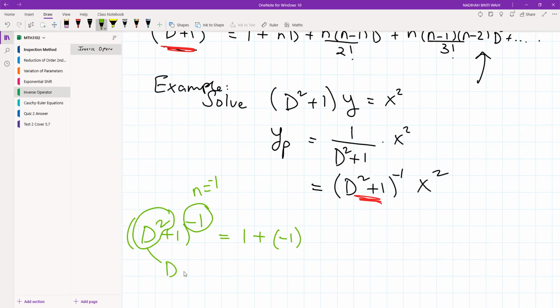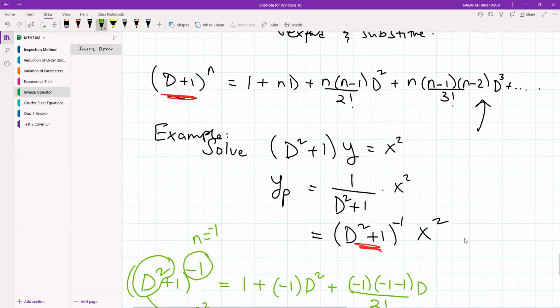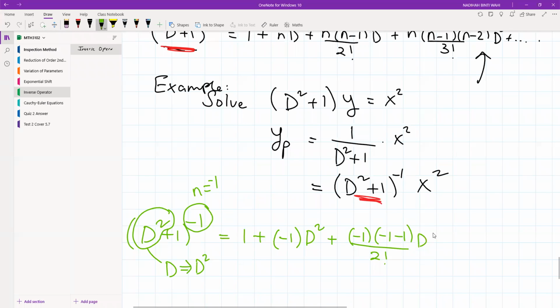And then D is equivalent to D squared. So minus 1 darab dengan D kuasa 2 tambah dengan minus 1 minus 1 of 2 factorial darab dengan D. Okay, D kuasa 2 sekarang ni jadi D kuasa 4.